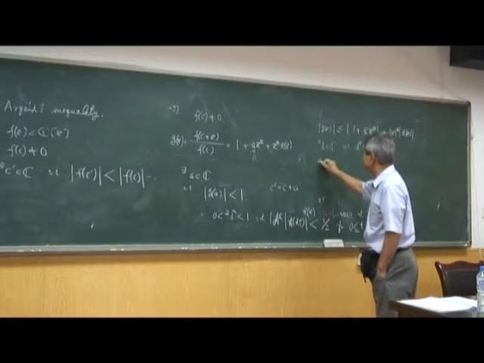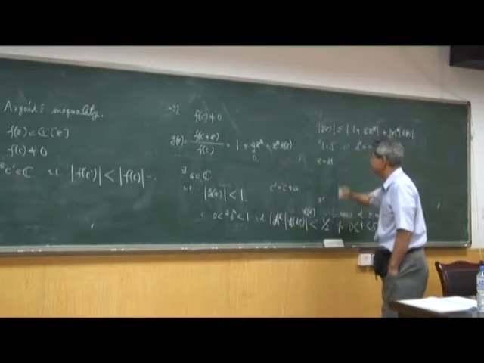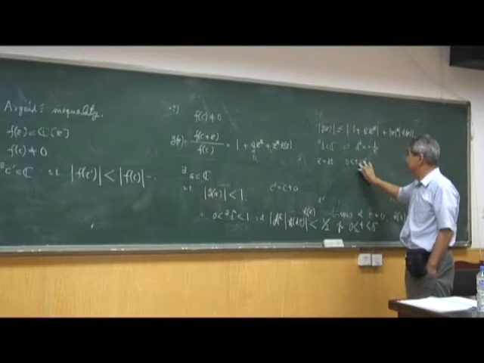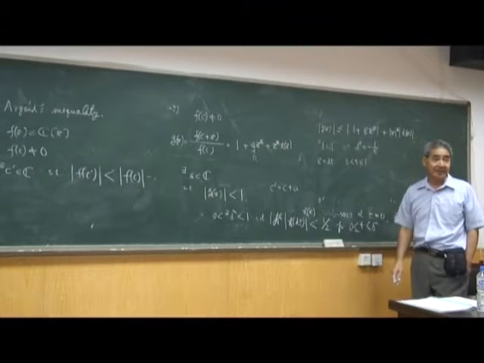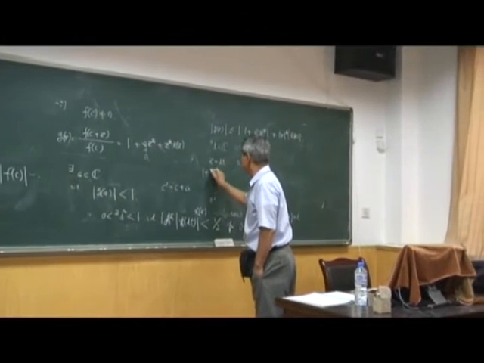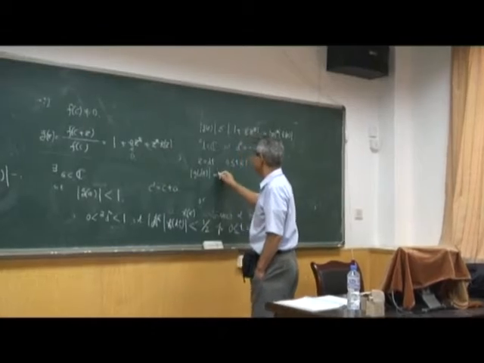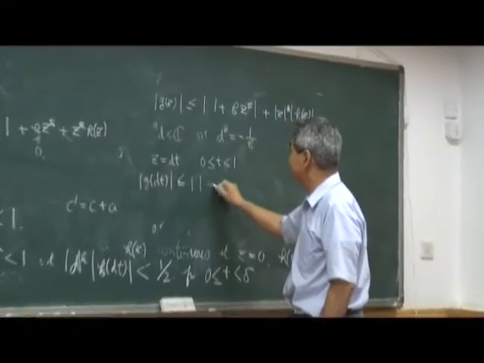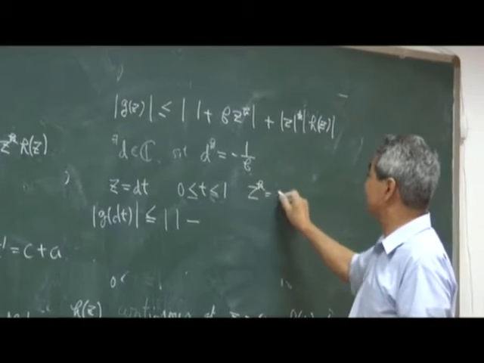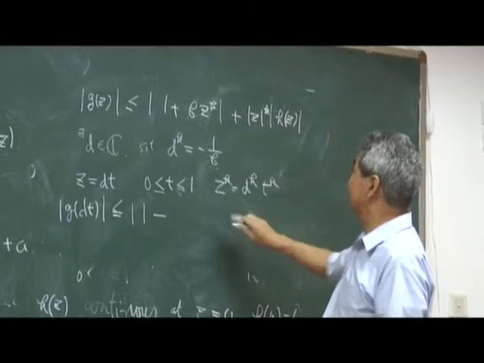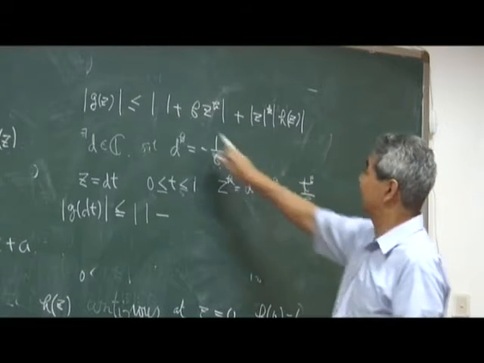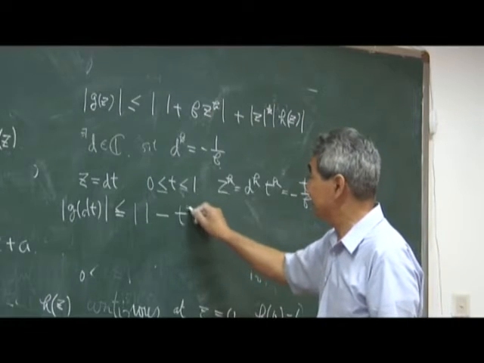Then now I restrict this variable to dt such that t is not this way. Okay? Maybe it's good to have t here. And then g dt becomes here a 1, and then d to the k becomes d to the k times t to the k, and d to the k is minus 1 over b, and there's a b, so this becomes tk.